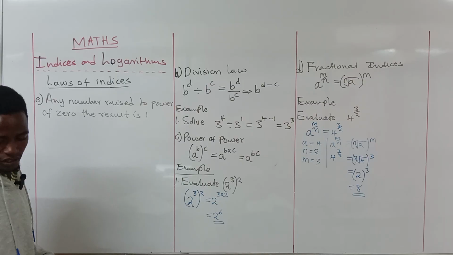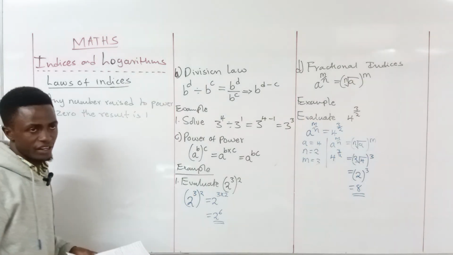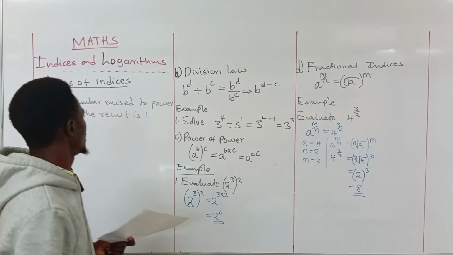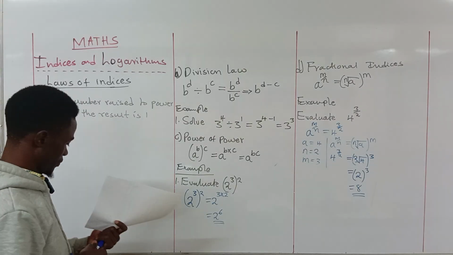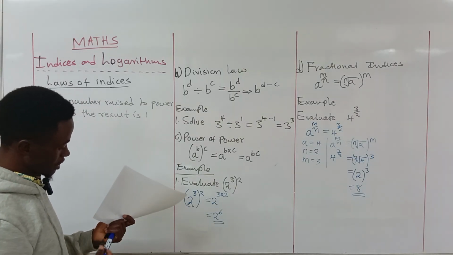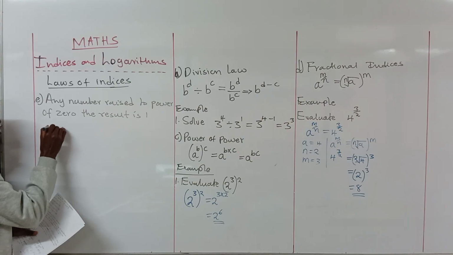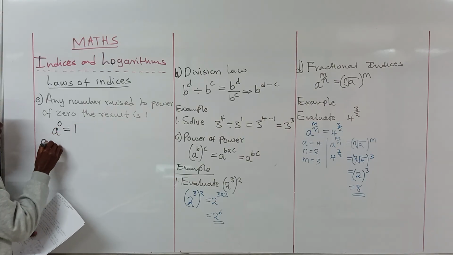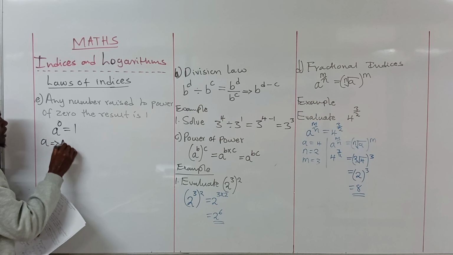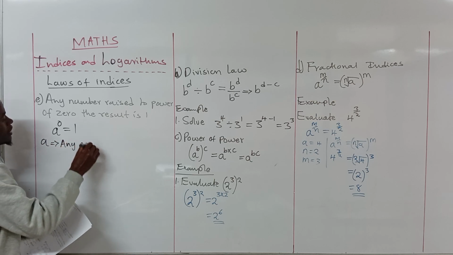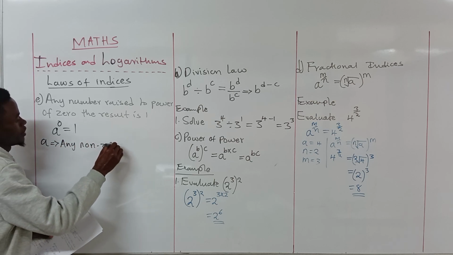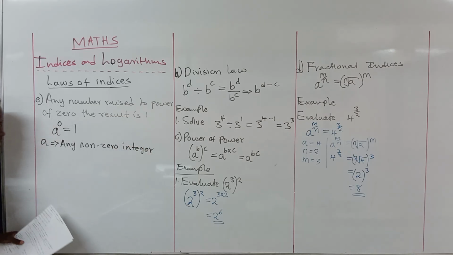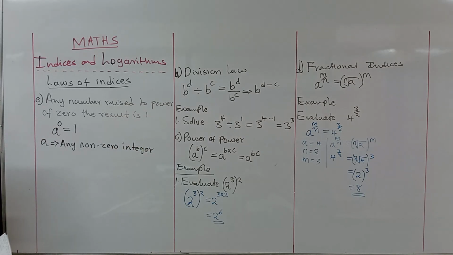The number should be a non-zero digit. So any non-zero digit raised to 0 is going to give us a result of 1. That means a raised to 0, the answer is 1, where a is any non-zero integer.